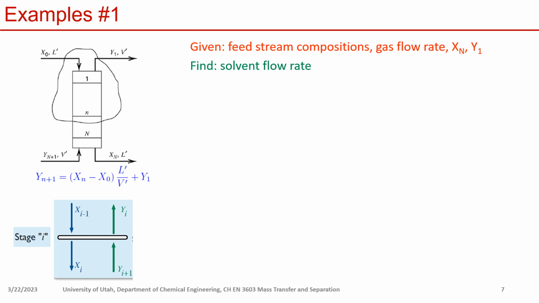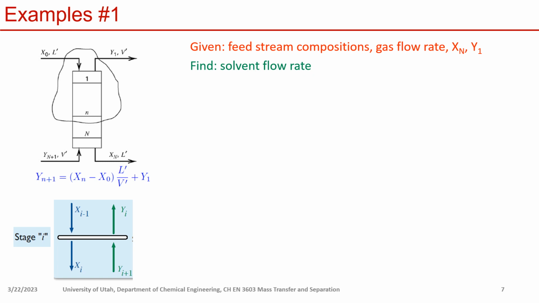And if we know the vapor flow rate and the liquid flow rate, then this equation relates yn plus 1 with xn, which is the composition of the liquid stream and the gas phase leaving and entering stage n, right? Then we can extend this to the last stage, the nth stage, which relates the composition of the incoming gas phase and the exiting liquid stream.